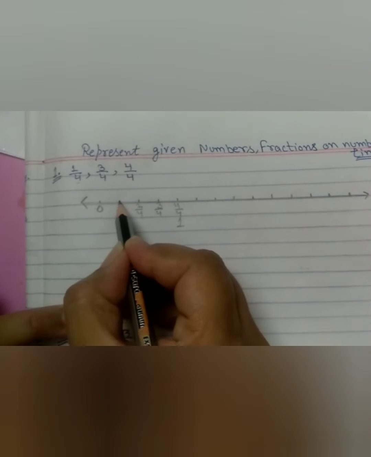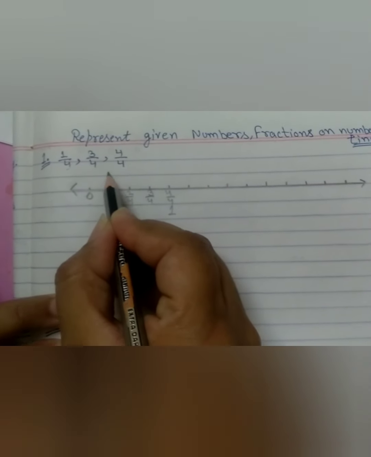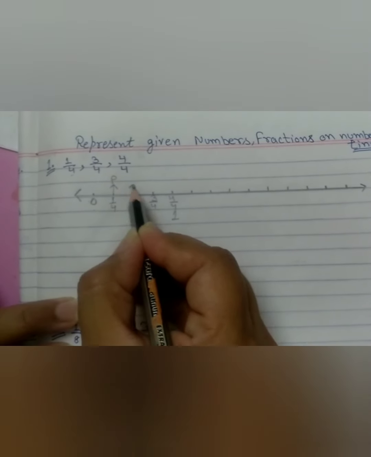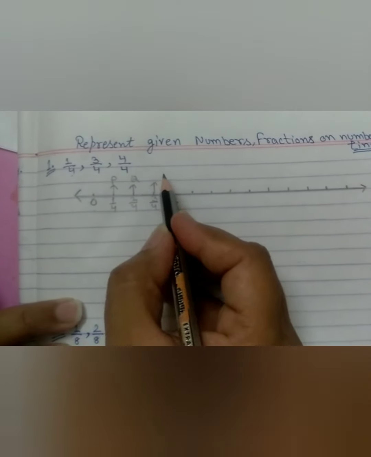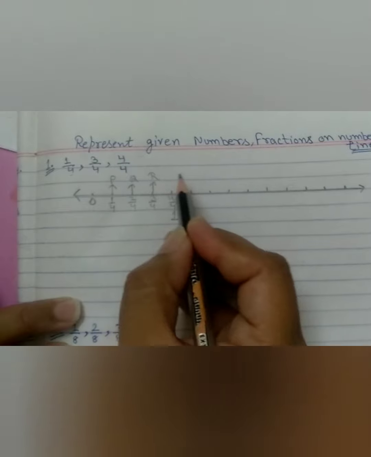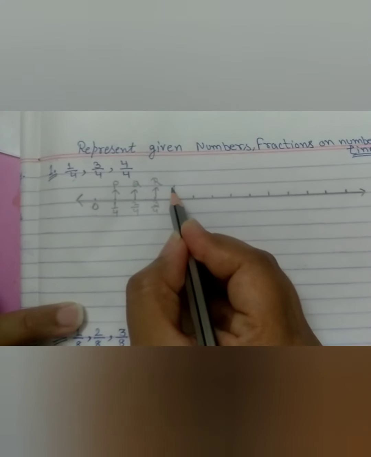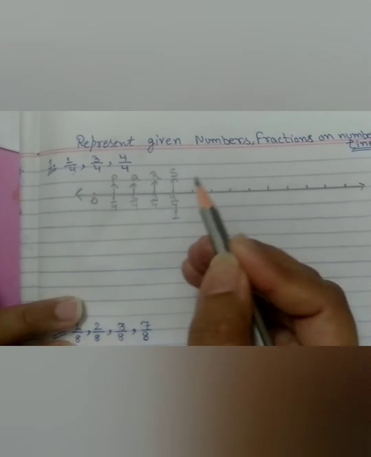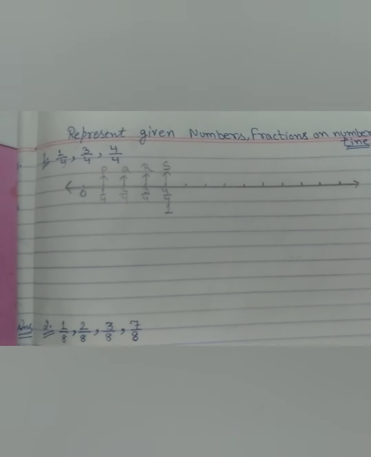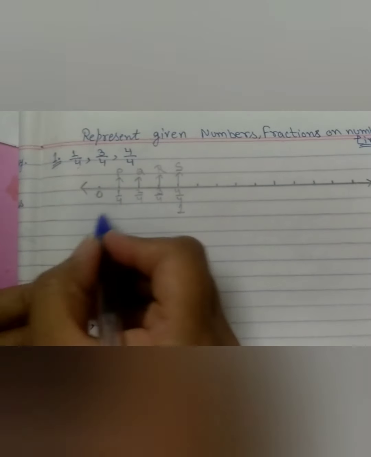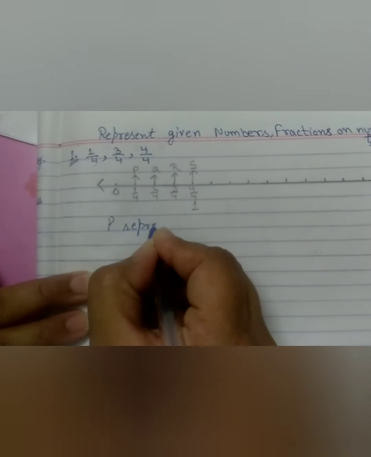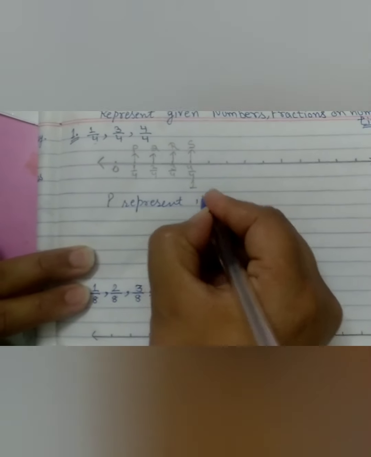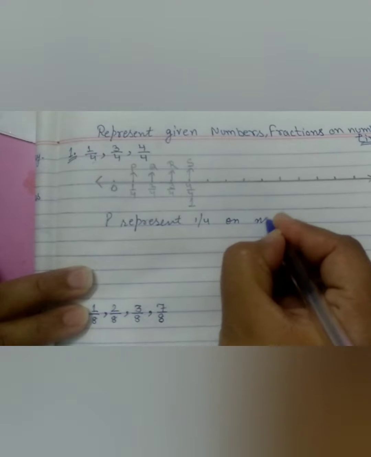So you will write here 1 by 4 as P, 2 by 4 as Q, 3 by 4 as R and 4 by 4 as S. So you can write down here that 1 by 4 is represented by P. So P represents 1 by 4 on the number line.